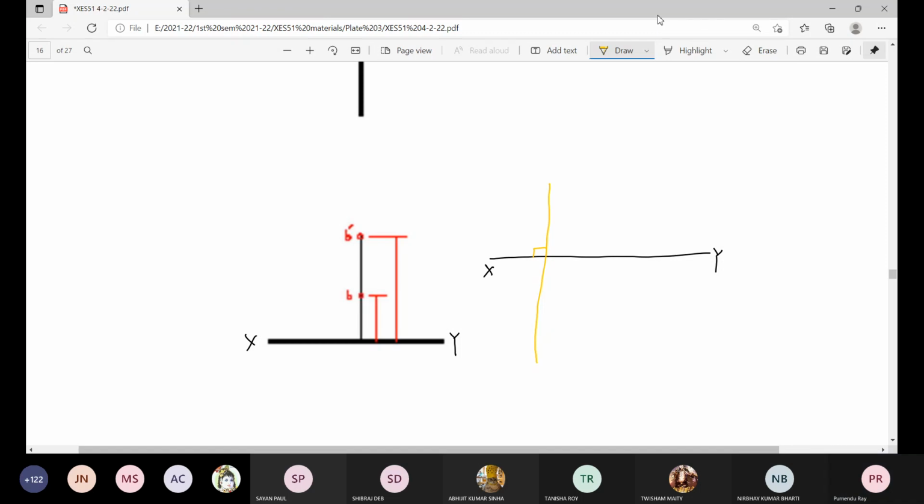Now here you identify this distance for B. B is the plan or view from top. Now view from top, that is on the horizontal plane. So that distance will show the distance from vertical plane. So this is actually DV.